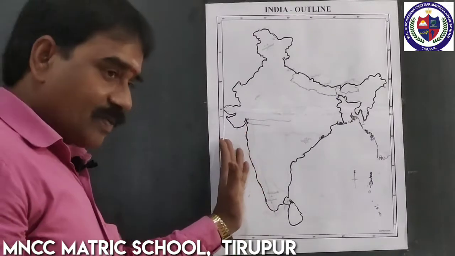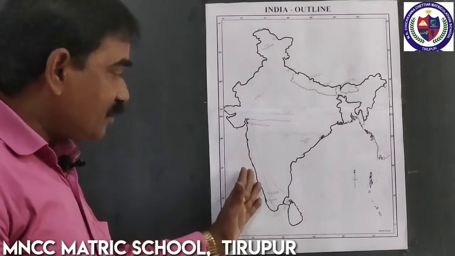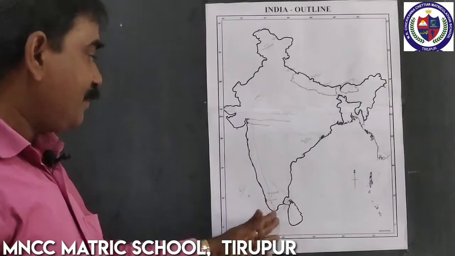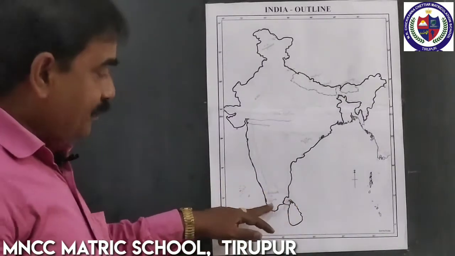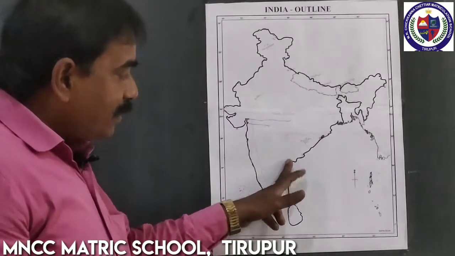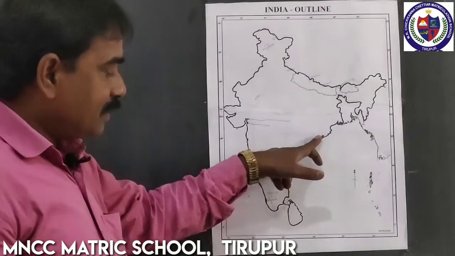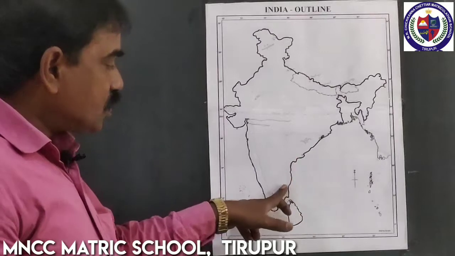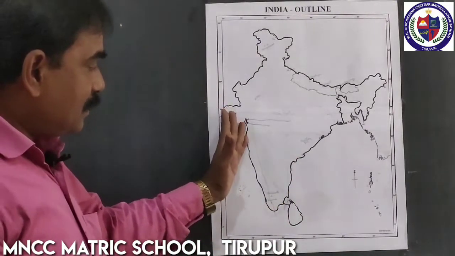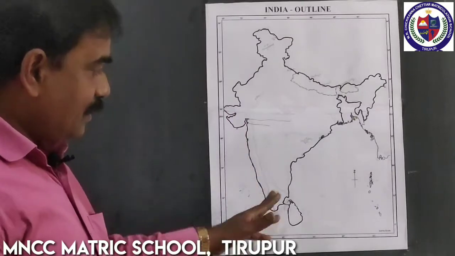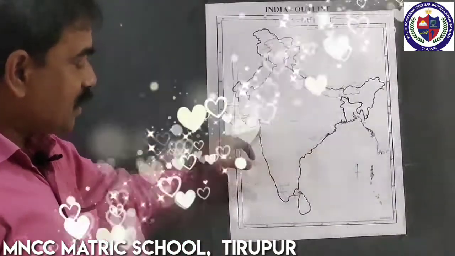This is on the western side, so this is called West Coastal Plain. Same on the eastern side, the land touching the sea is called East Coastal Plain.